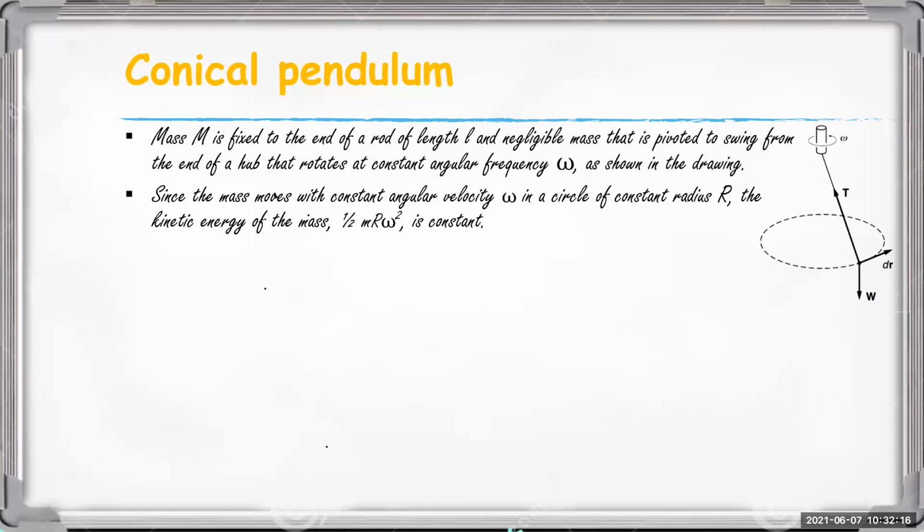Or we can also obtain it from the fundamental equations. What is the expression of kinetic energy? Kinetic energy is equal to 1 by 2 m v squared. Here v is the linear velocity.